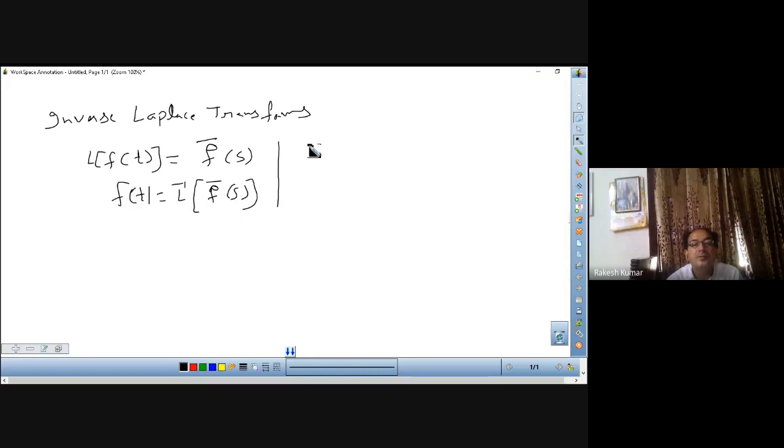We can use the example Laplace of 1, which we have already done, that is 1 by s. Then Laplace inverse of 1 by s, by taking L to the right hand side, becomes L inverse, and what will you get? 1, from the same function. Another example, we have done Laplace of e raised to power at is 1 by s minus a.